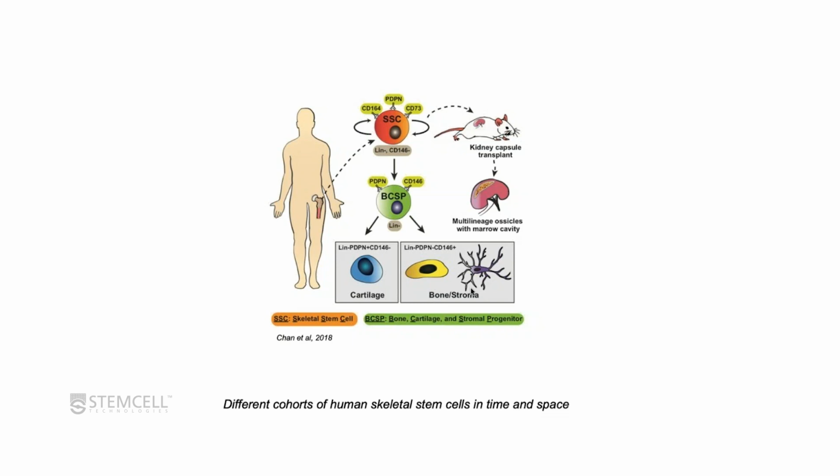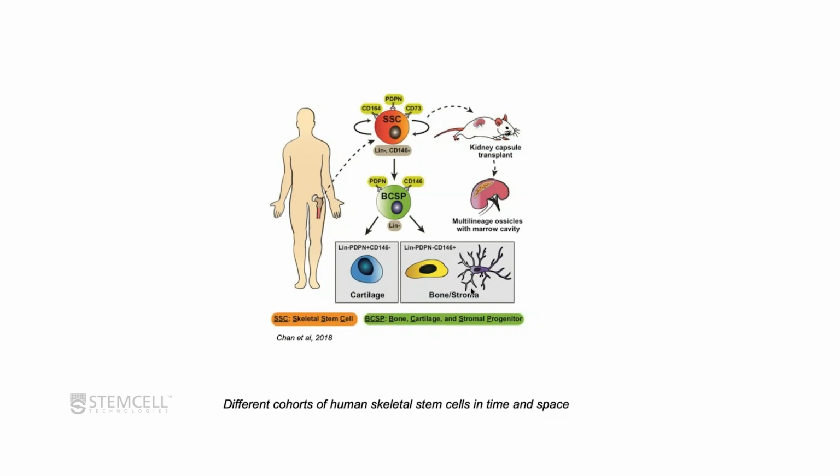In our skeleton, in contrast, for example, with the hematopoietic system, the differentiated phenotypes are generated in an asynchronous manner. Cartilage is produced very early during development, but it's not normally generated in postnatal life within the bone marrow cavity.